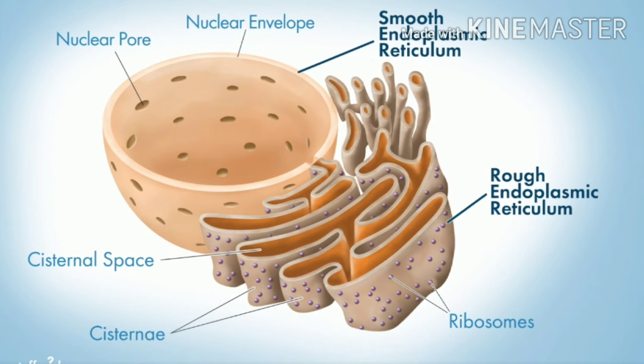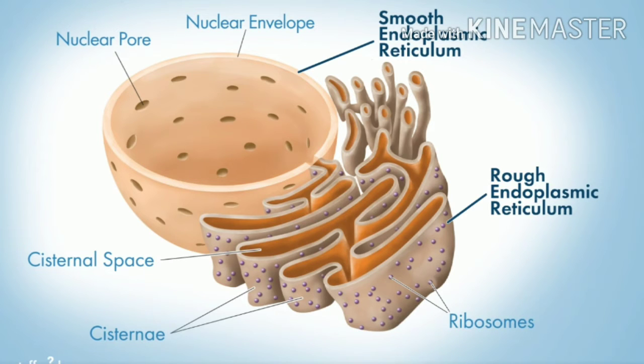So as you can see, this is the diagram of an endoplasmic reticulum. So what does endoplasmic reticulum basically mean? Endoplasmic reticulum is a network-like projection found within the cell, and it starts from the nucleus and goes up to the plasma membrane.